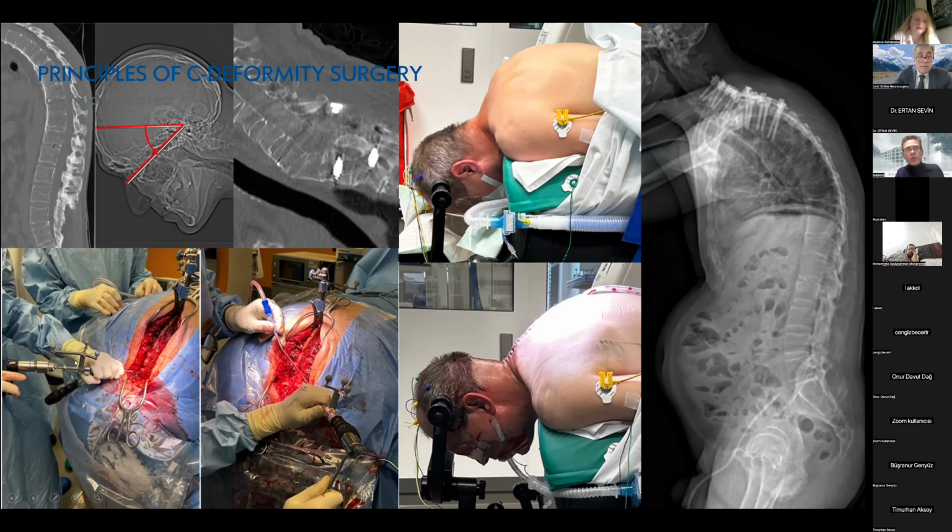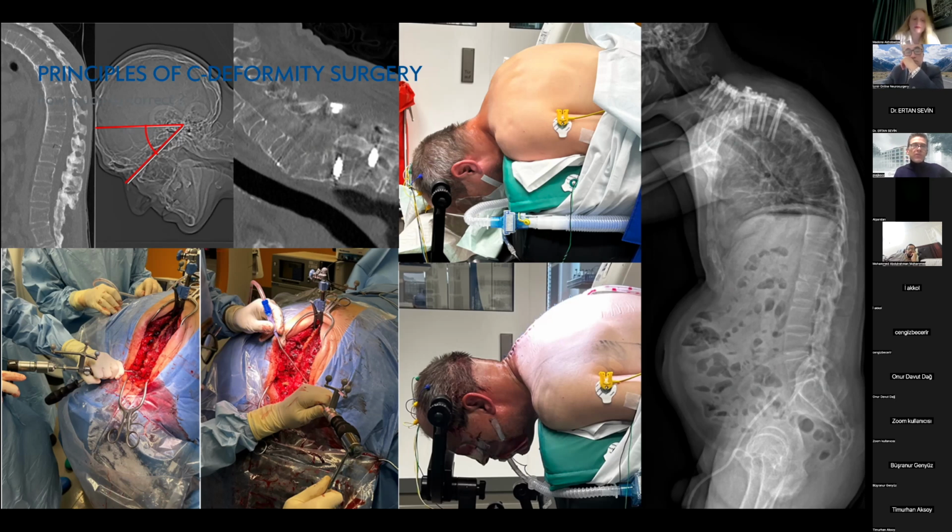You can see how we are using the spinal navigation to place the pedicle screws, and we are obviously loosening the Mayfield clamp in order to lift the head and to help with the correction. And this is a case where we are performing the posterior approach alone, only the PSO at T1, for this segmental correction of this significant cervical deformity.